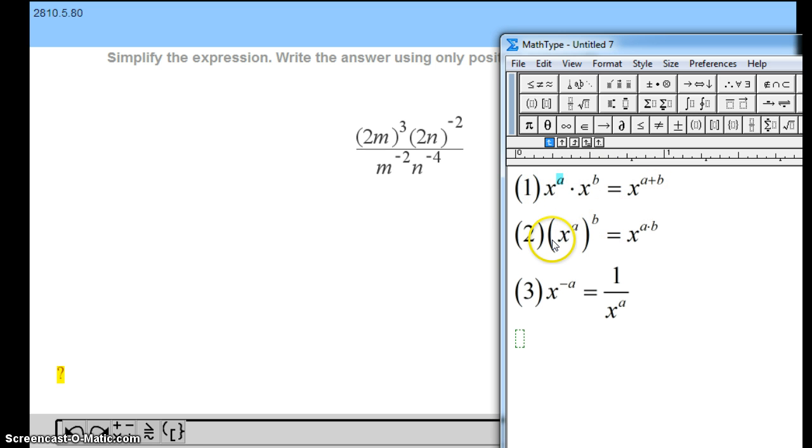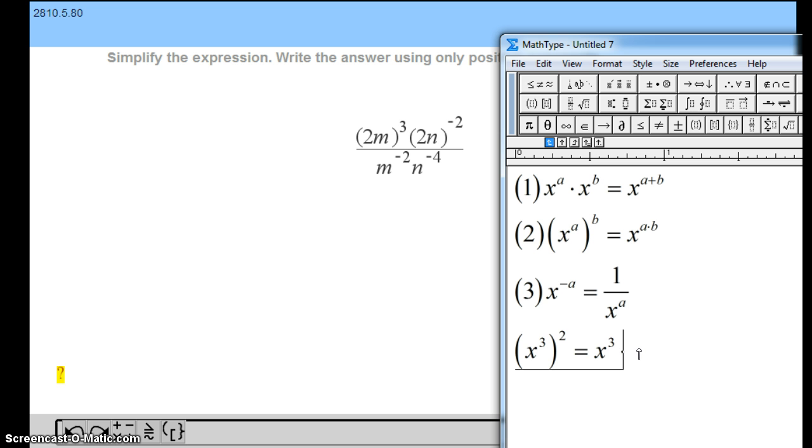Another rule: x to the a to the b power is x to the a times b. A quick demonstration of this: if you have x to the 3 to the second power, you could write that as x to the 3 times x to the 3, because that's the definition of something squared, that times itself.